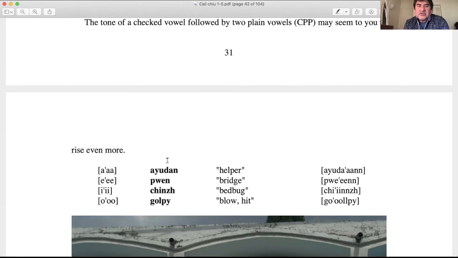But it is pronounced differently. Like the first one, the helper, it comes from ayudante, but we borrowed it, incorporated it, and made it part of our vocabulary as ayudan, and also the second one, which also comes from Spanish, puente, and then we say puen.